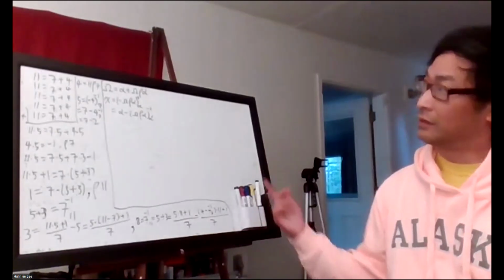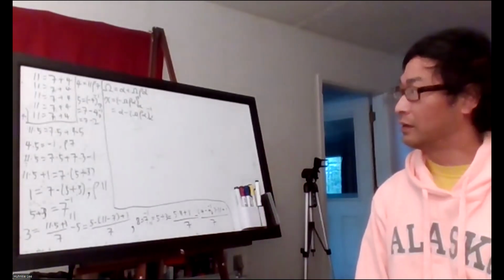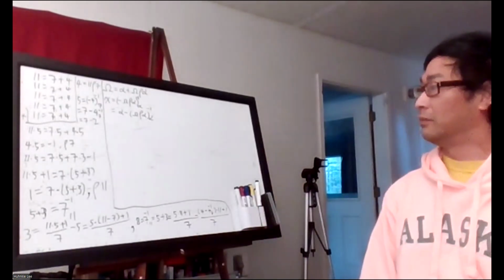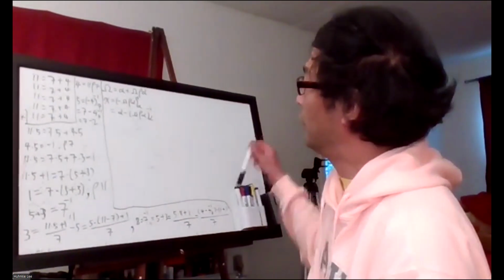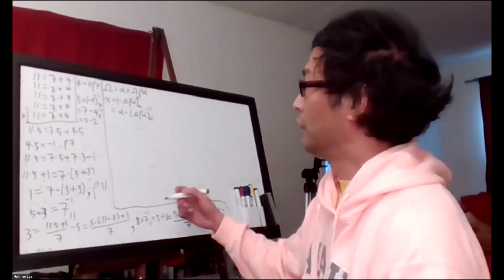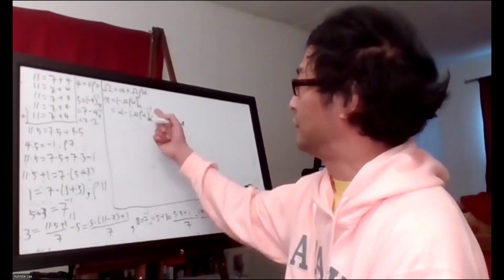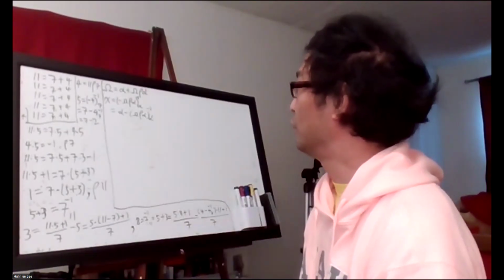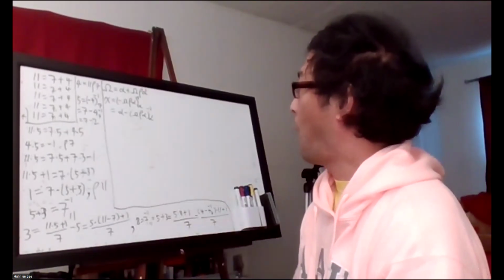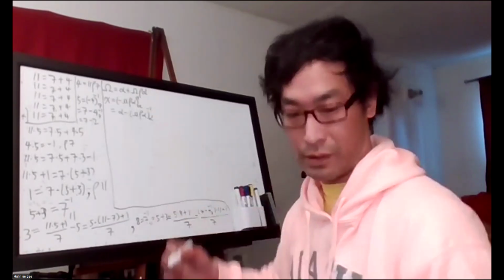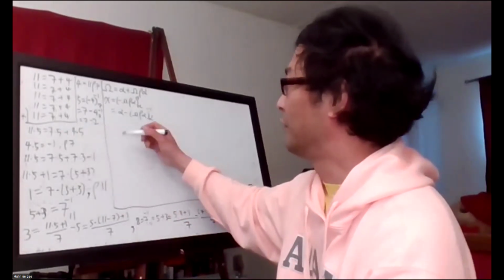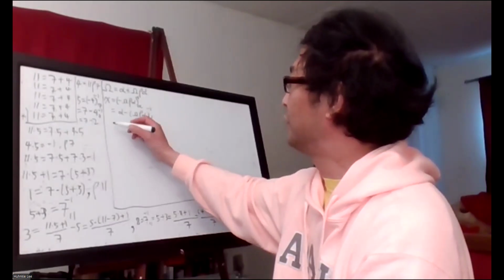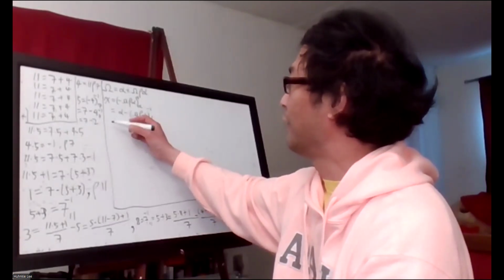So let's multiply on both sides of this equation and then see what happens. We know what happens. It's the same thing as the numeric example. A lot of Greek letters.